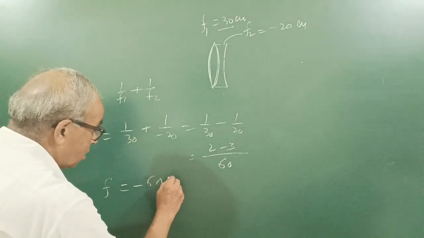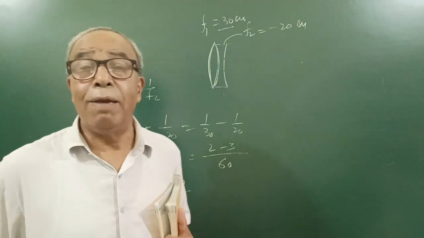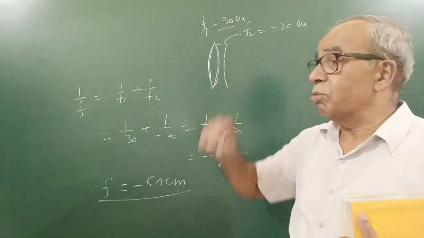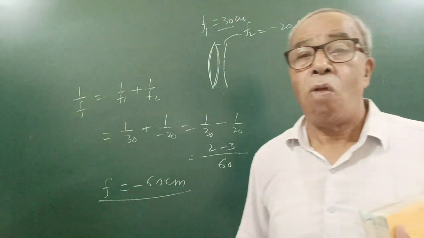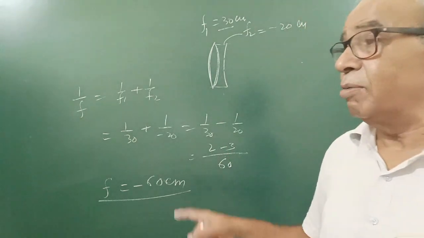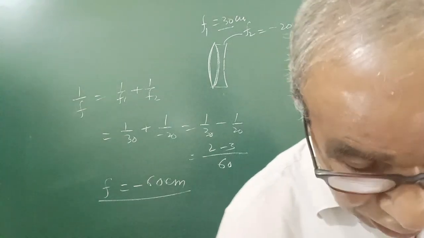This combination will behave like a concave lens. So the convex lens of 30 centimeter focal length becomes, in one sense, minus 60 centimeter when placed in contact with a concave lens of focal length 20 centimeter.